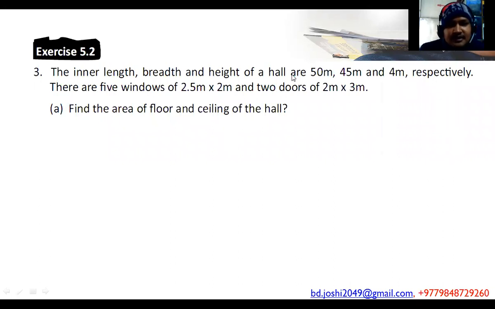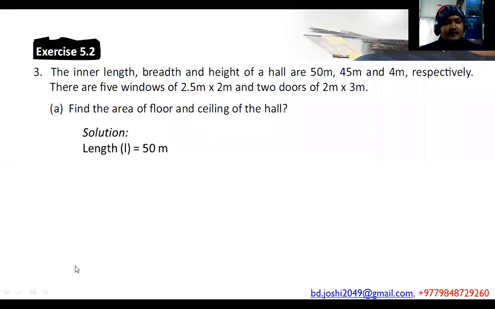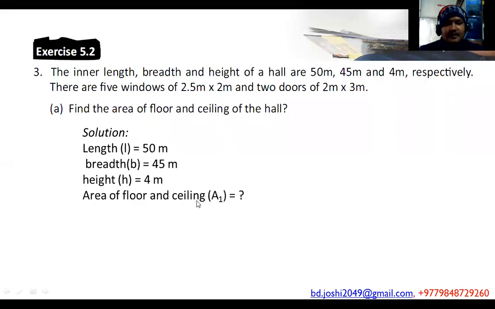To do this question, at first we have to write the length, breadth and height. Area of floor and ceiling means area of floor is L into B, area of ceiling is also L into B. So by adding both, we will get area of floor and ceiling as 2 times L into B. First write the given things: length is 50 meter, breadth is 45, height is 4 meter, and area of floor and ceiling is what we have to find out.